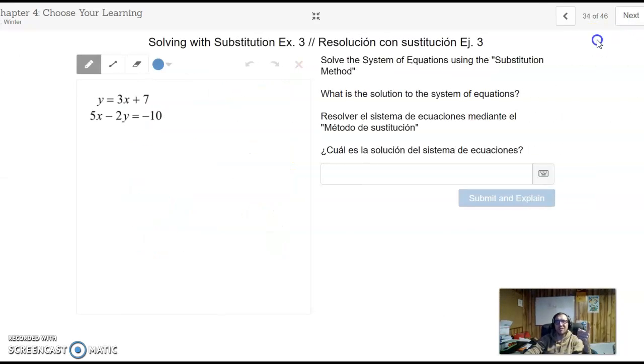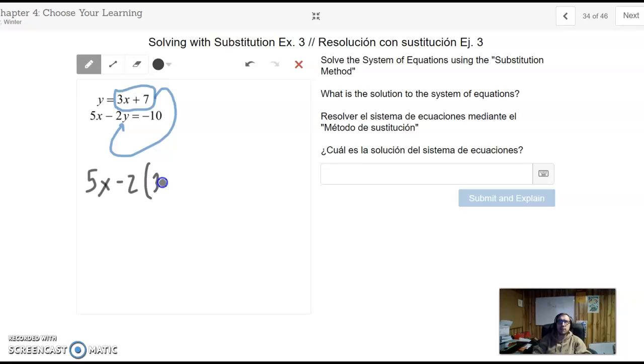We're going to solve this one using the traditional substitution method. You can see the top equation's already solved for y. So we're going to take this y equals 3x plus 7 and plug it in right there for y. So I have 5x minus 2, but instead of y, we're going to substitute in 3x plus 7.